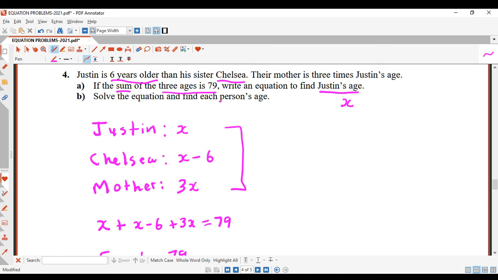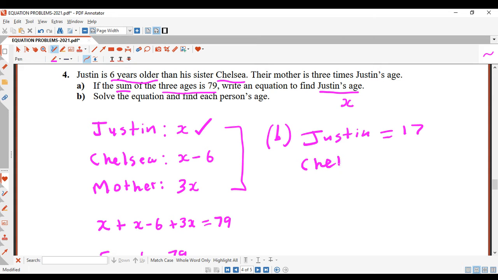Now we've got to check, because part B says, we did part A, we wrote the equation, but it says solve the equation to find each person's age. And we found Justin's age to be 17. So for part B, I'll say Justin is 17.